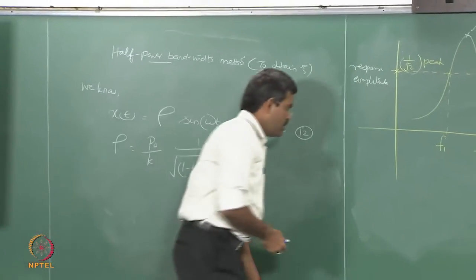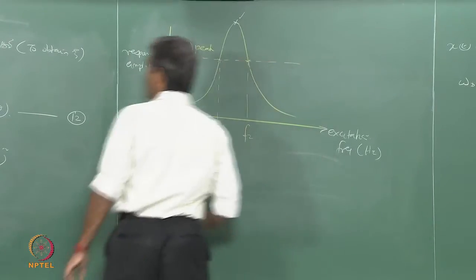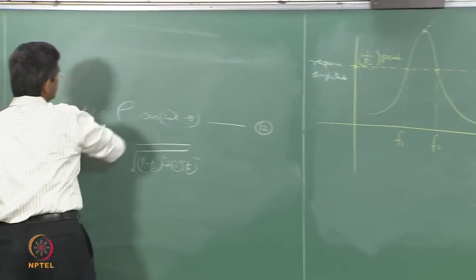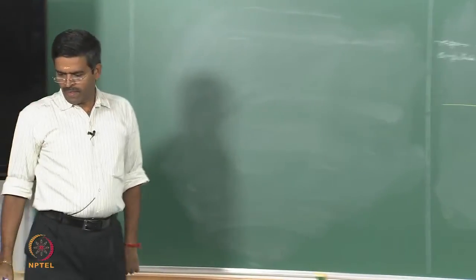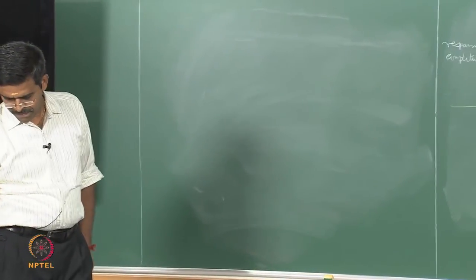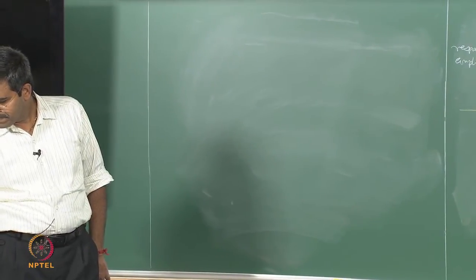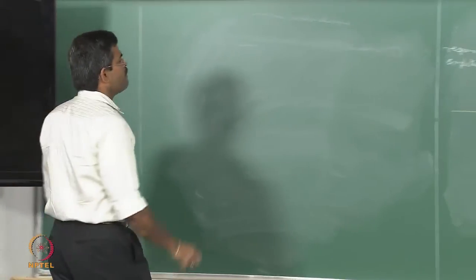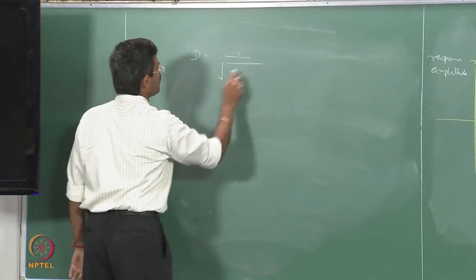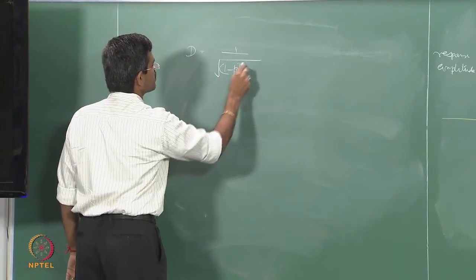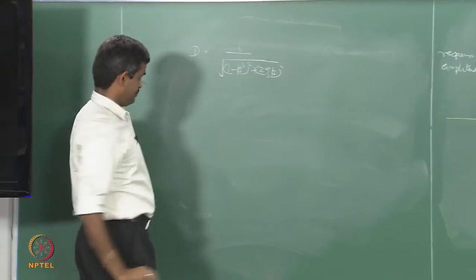Okay. So, I know F1 and F2, now I want to estimate zeta, let us see how do we do that. We already know the dynamic amplification factor is given by 1 by root of (1 minus beta square) square plus (2 zeta beta) square.